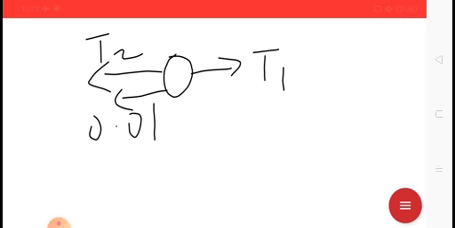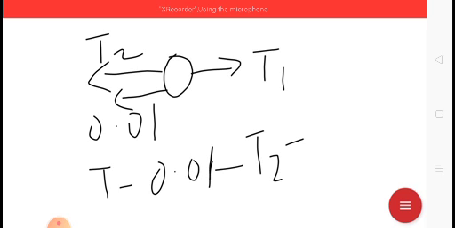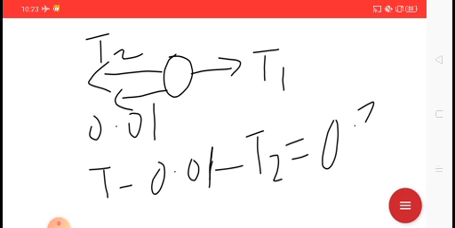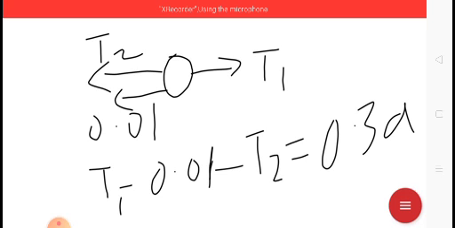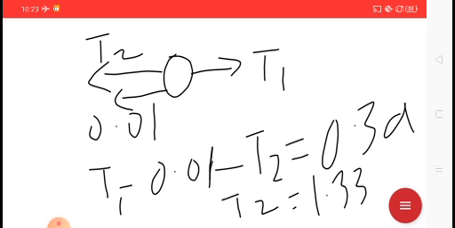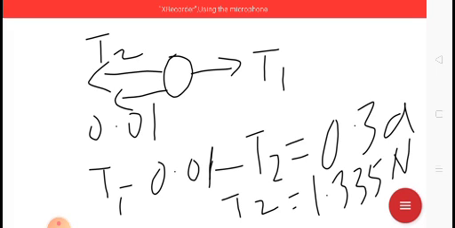So you have the equation T1 minus 0.01 minus T2 equals total mass, 0.1 plus 0.2, 0.3a. By solving this, since you have T1 already, you should get T2 for the second coupling is equal to 1.335 Newton. We can write it maybe as 1.33 Newton.